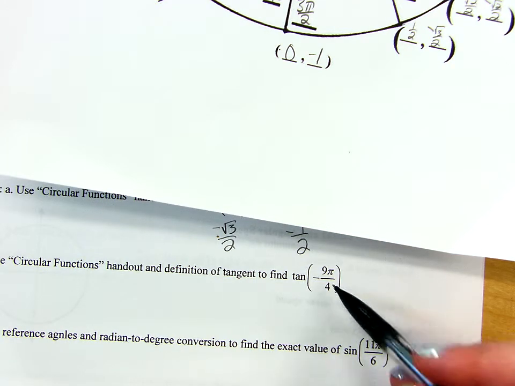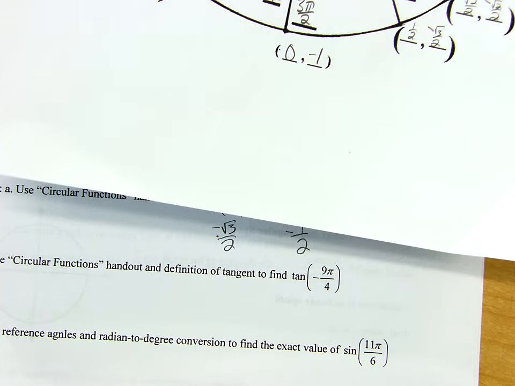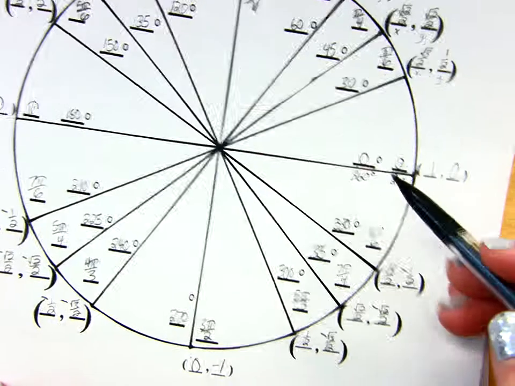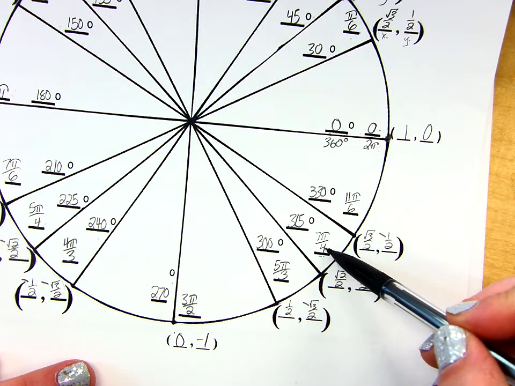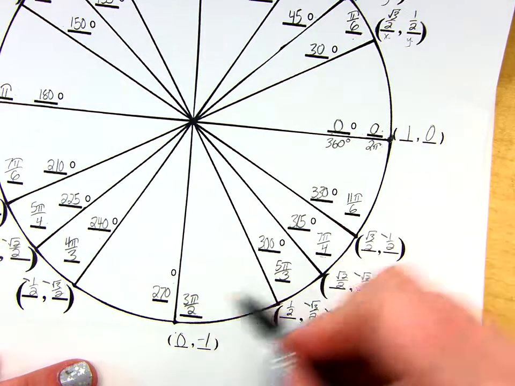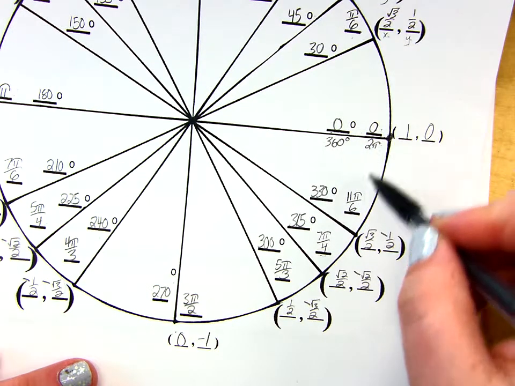So this means I have to go negative 2 pi. And now I have what's left over, negative 1/4 pi. So, wouldn't negative 1/4 pi land me right here? Right? Negative 2 pi, and then 1/4 more.